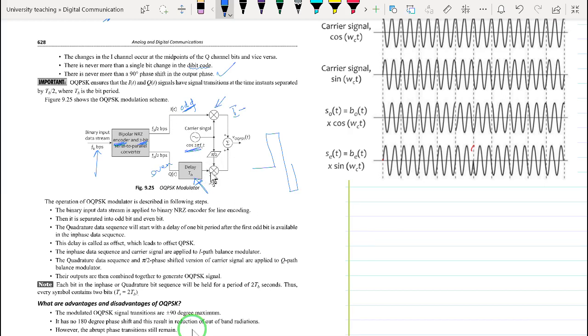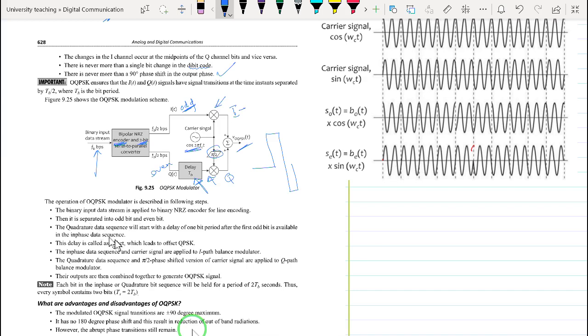After the delay, the 90 degrees phase shifted carrier signal is multiplied by that bipolar encoded non-return to zero bit stream to form the Q signal or the quadrature component of the OQPSK. So these are summed up, and therefore at this point we are able to get the OQPSK signal.